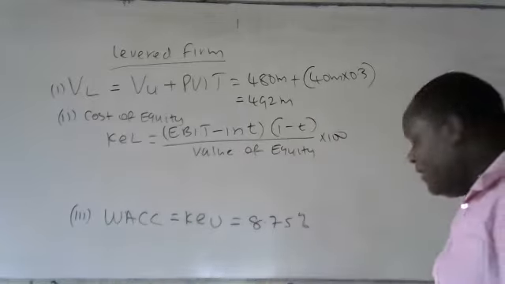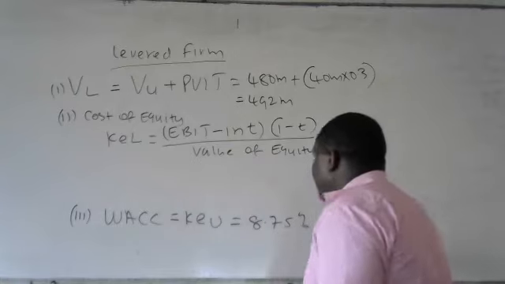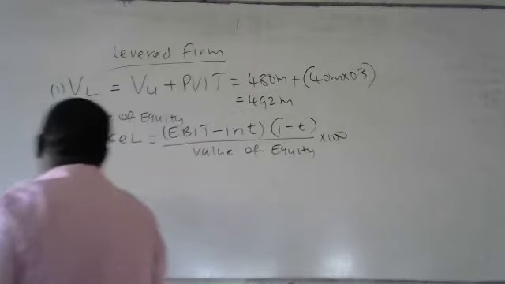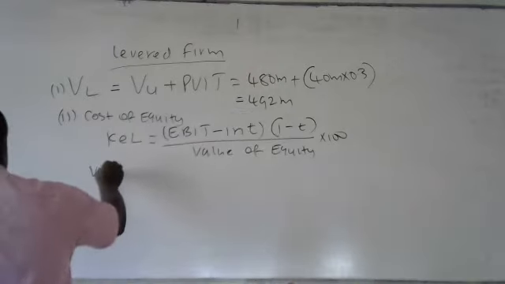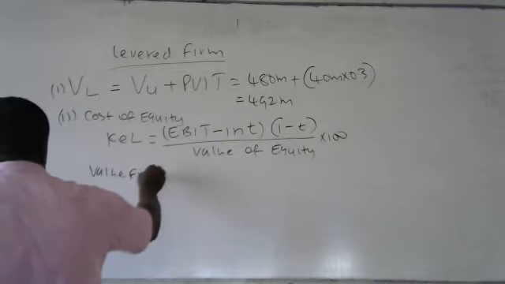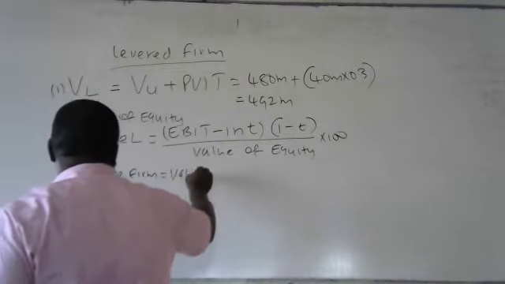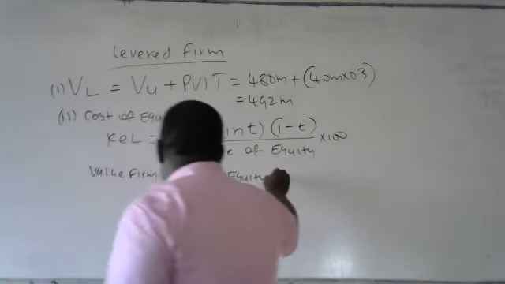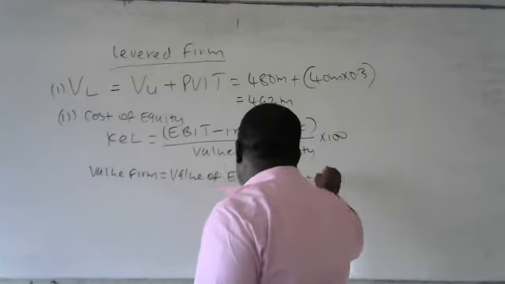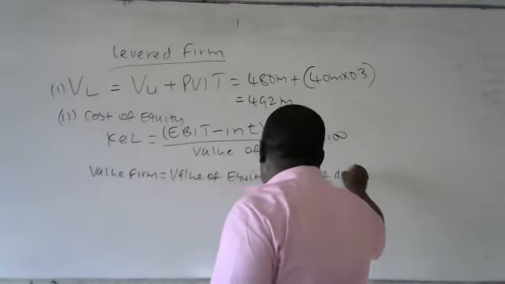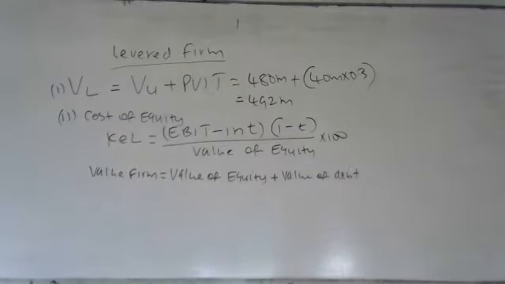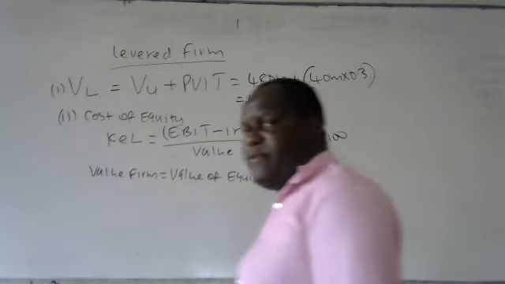But now we need to come up with that presentation whereby we say that value of the farm should be equal to value of equity, we add value of the debt. So value of the farm will be equal to value of equity plus value for the debt.